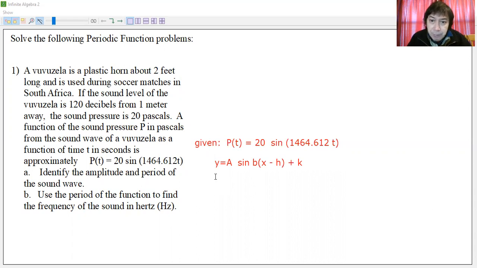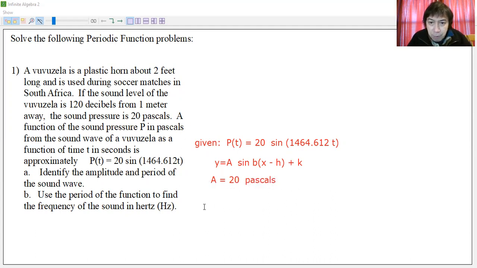So we have the given A, which is for the amplitude, and that's 20. You can see it by inspection from the given P of t. So our amplitude is 20 pascals.